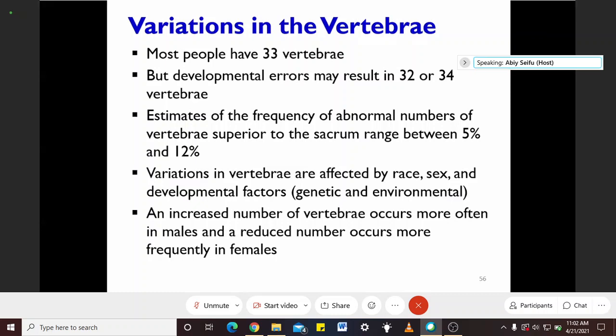That developmental factor also contributes to the variation in number or fusion of vertebrae. By the way, if the number of vertebrae is lower, most of the time it is because two consecutive vertebrae were mistakenly fused.